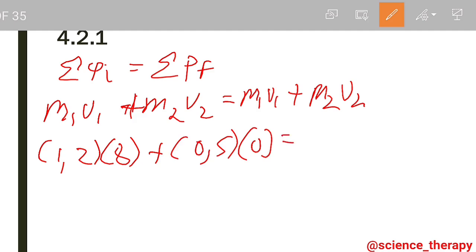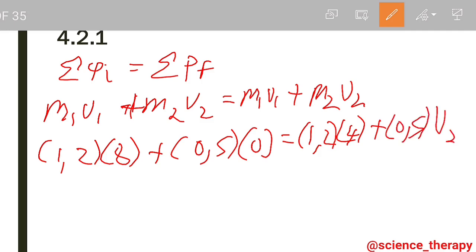Then we have 1.2, and the velocity finally of trolley X is now 4. Then plus the mass 0.5 and v2. That is what we are looking for: the velocity of trolley Y after the collision.